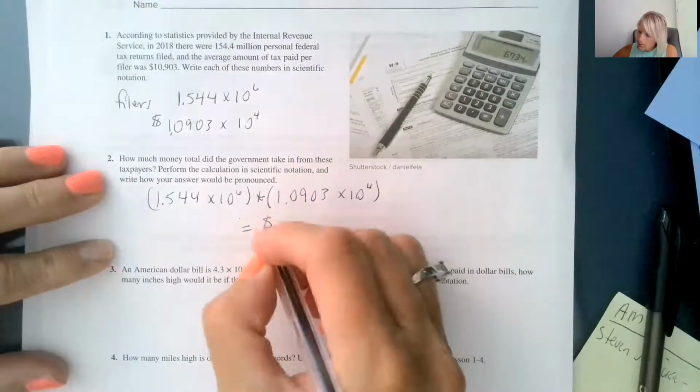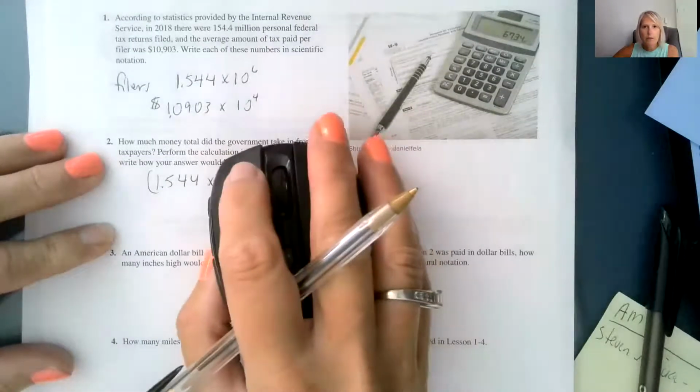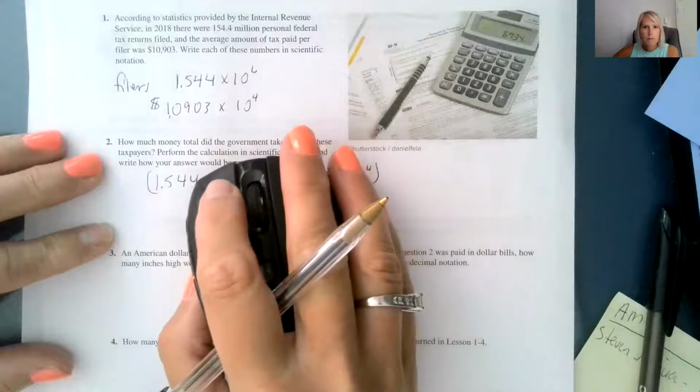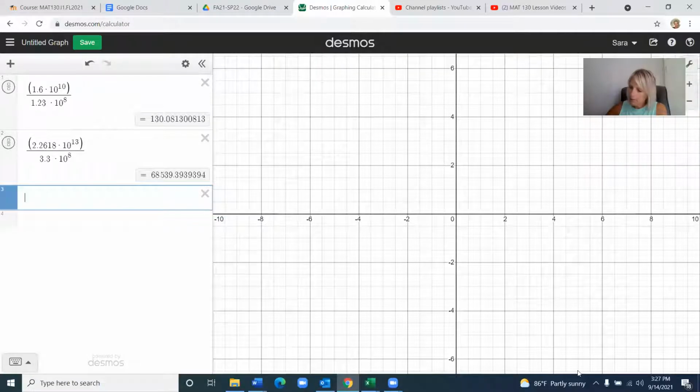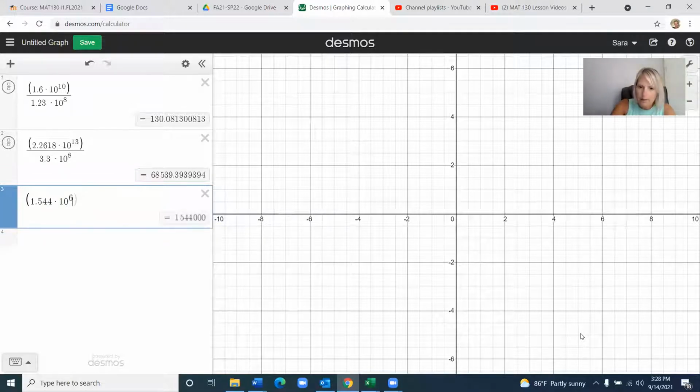And we're going to put this in Desmos here. 1.544 times 10 to the 6, and then we have 1.0903 times 10 to the 4.